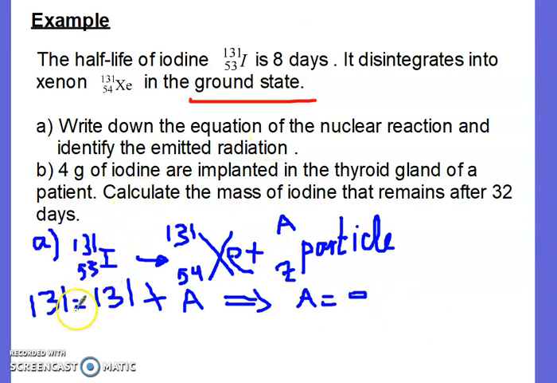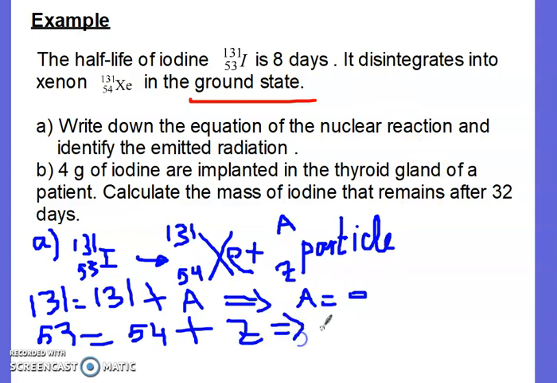Also, conservation of atomic number. 53 equals 54 here, right? Plus Z. This means Z equals -1, right?